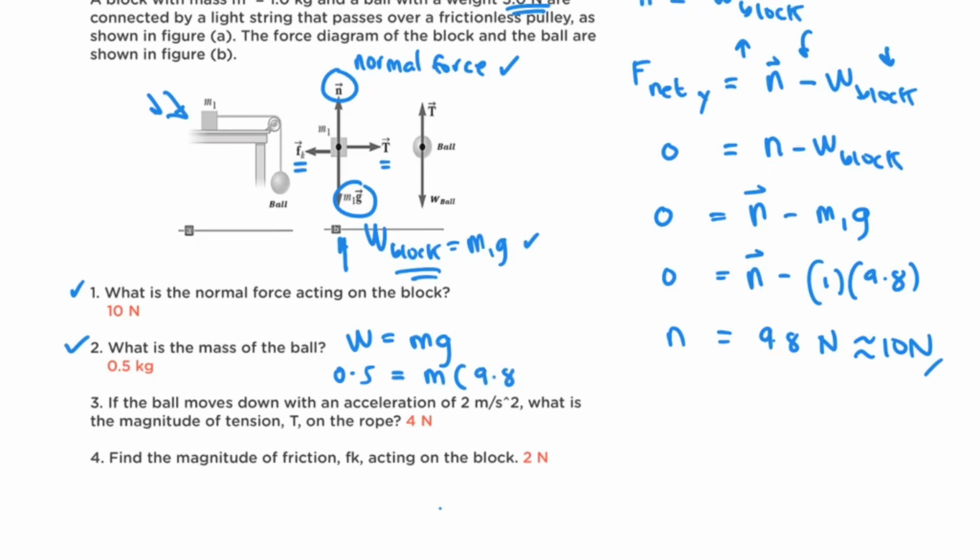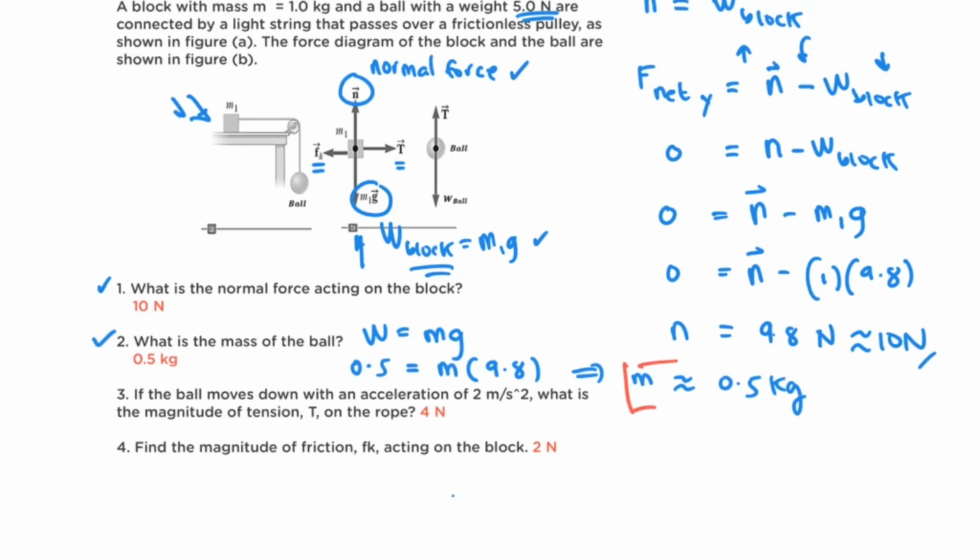Again, that's going to be 9.8 meters per second squared, positive, because we are dealing with Newton's second law, not equations of motion. So this would give us m to be approximately equal to 0.5, and do not forget the unit, that should be in kilograms. Okay, so that's our answer to the second question.